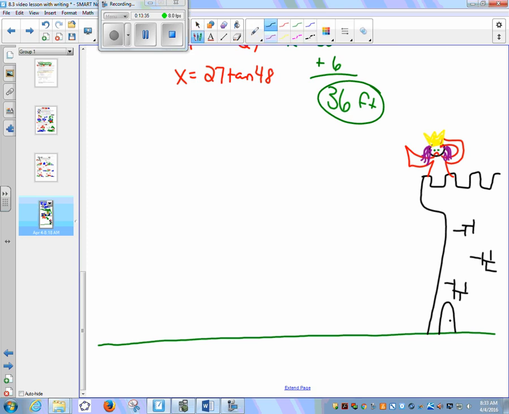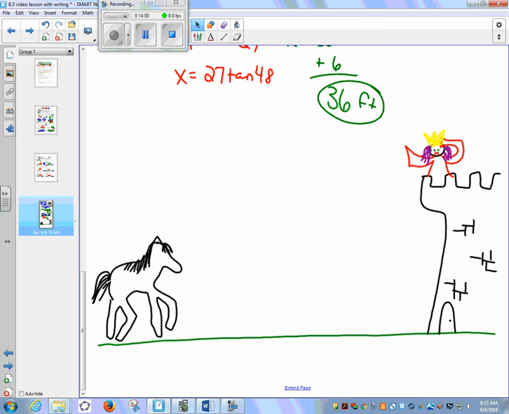Never fear. Along comes a horse. Galloping. He's got a broken leg or something. I don't know. And of course, who's riding on this horse?